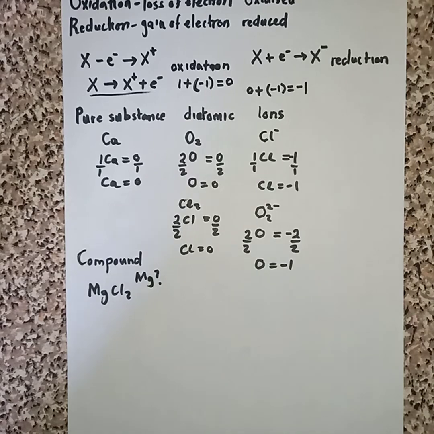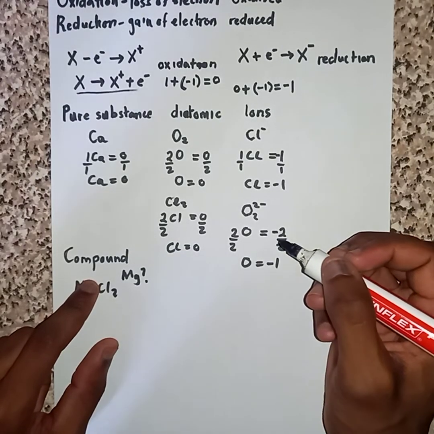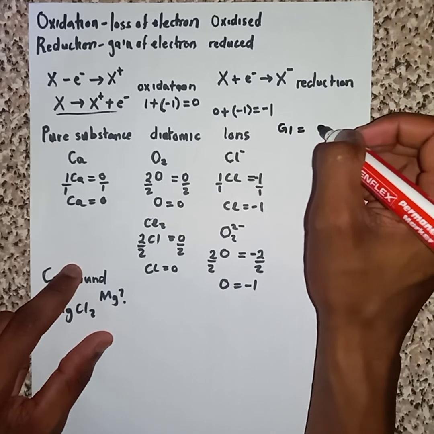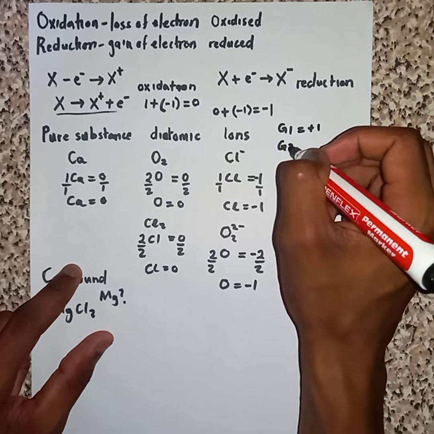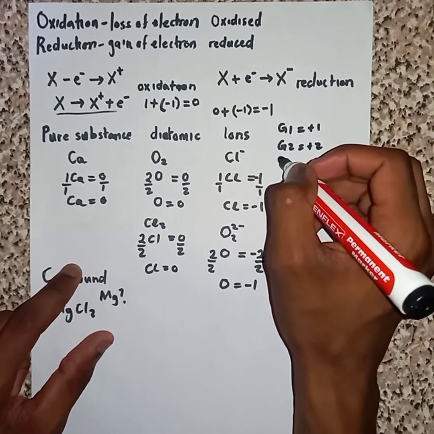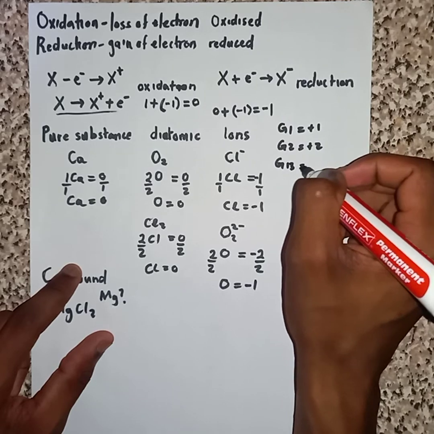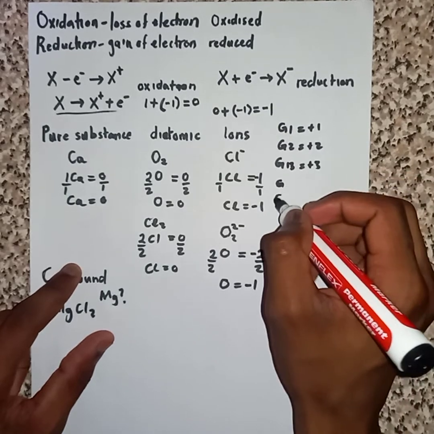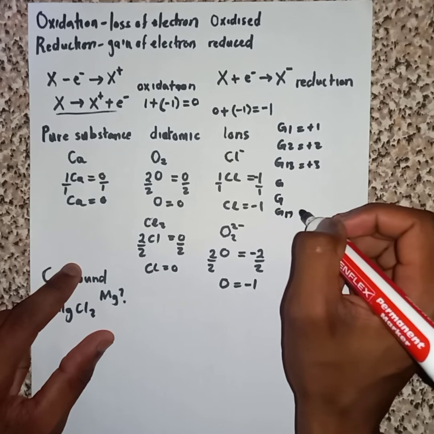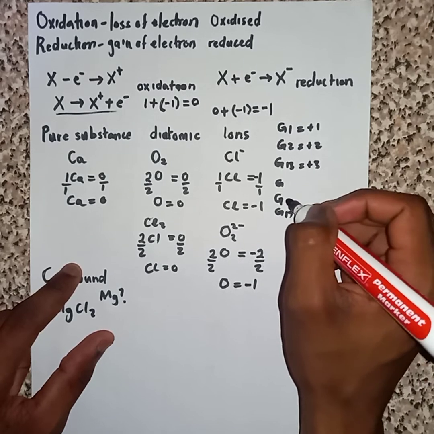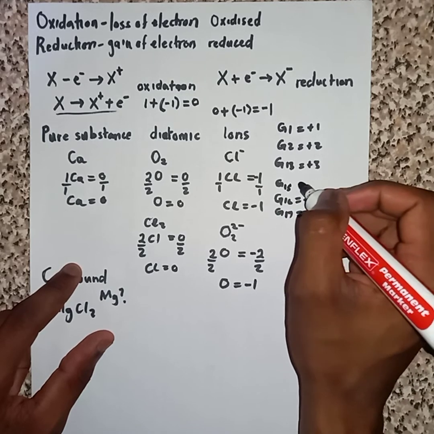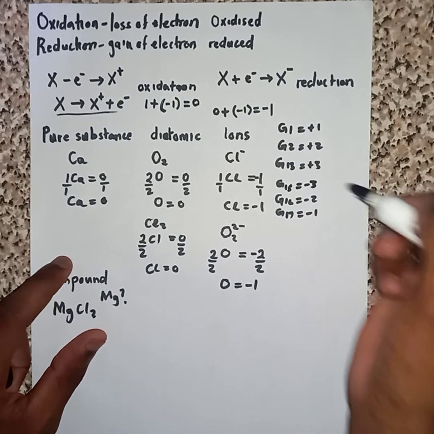On your periodic table, especially the group 1 element, you mark on top group 1 as +1, group 2 as +2, group 13 as +3, group 17 as -1, group 16 you write -2, then group 15 you must write -3.